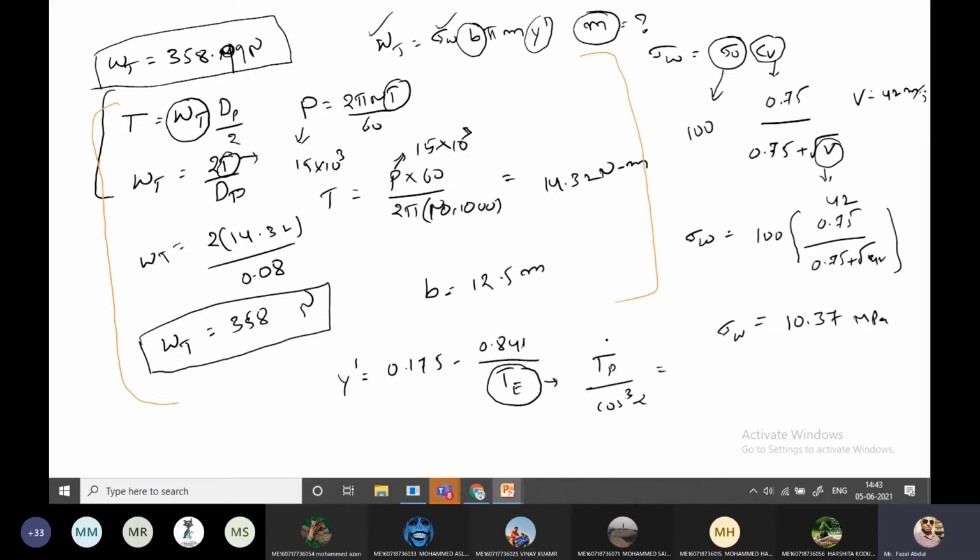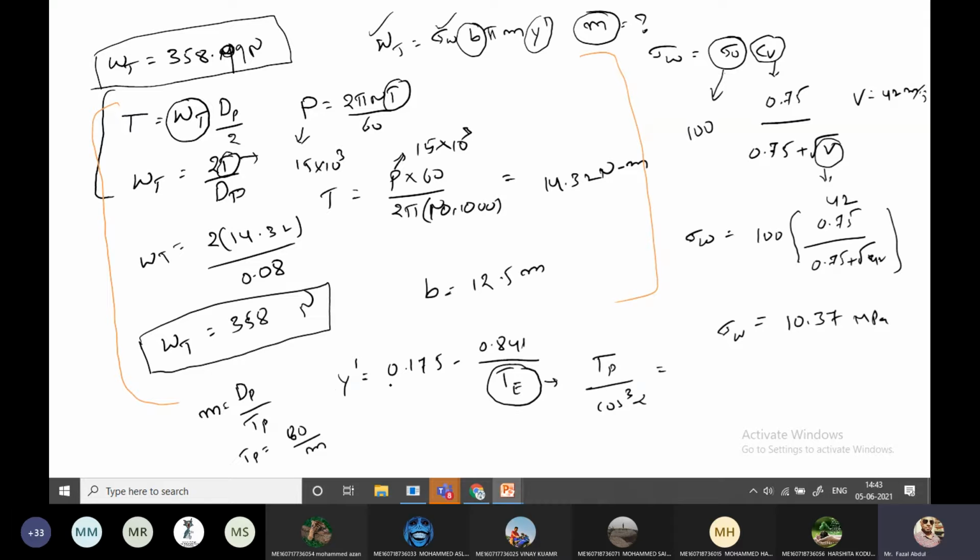So TP we don't know. To get the TP value, again module equals dP by TP. So from this relation, what is TP? DP value is given as 80, sorry, not 800, 80, by module.